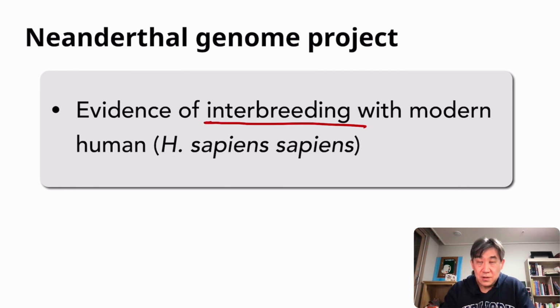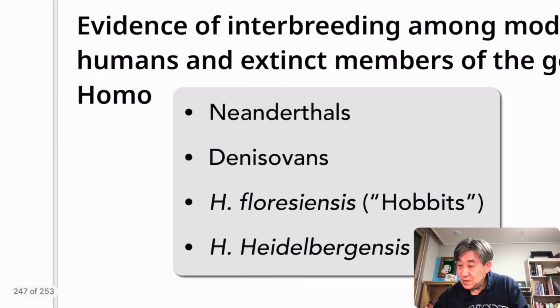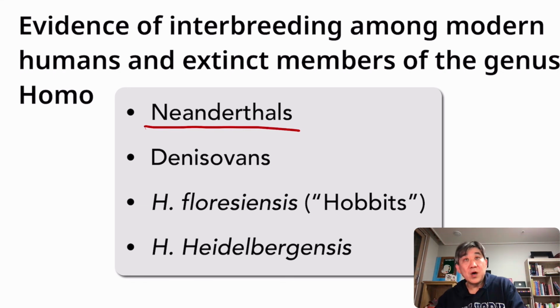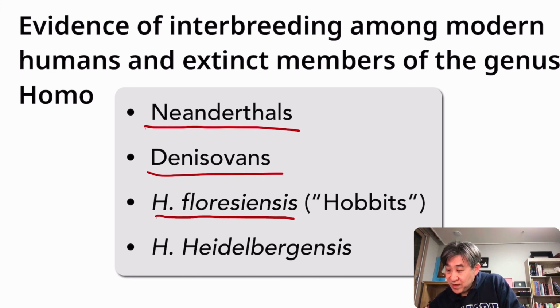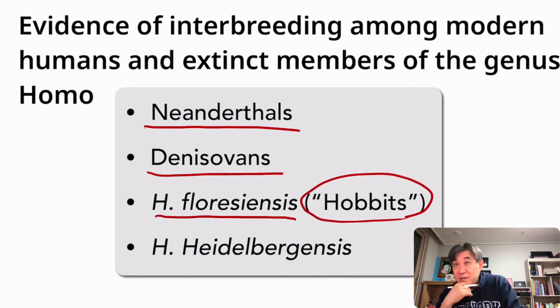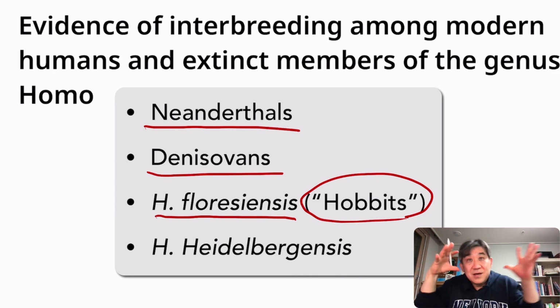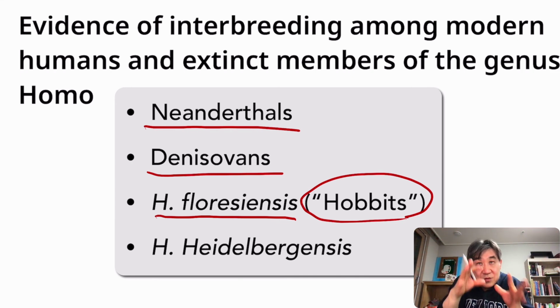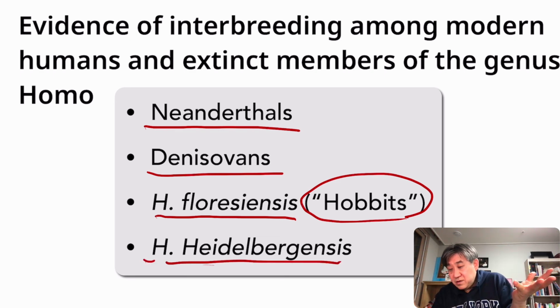Okay. But that's not it. Not only the Neanderthals, but some other groups of humans, all extinct, including Denisovans and also Homo floresiensis, nicknamed Hobbit because it turns out that they had very small stature, and also Homo heidelbergensis.